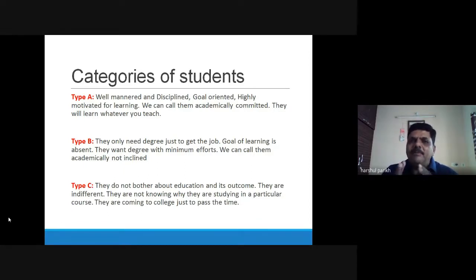They put in minimum effort and will not learn on their own. We can call them academically not inclined. That is type B students. They only learn to get a degree and to get a job.